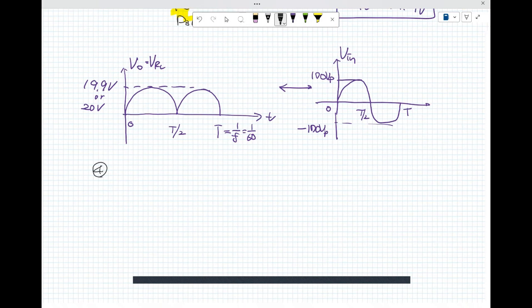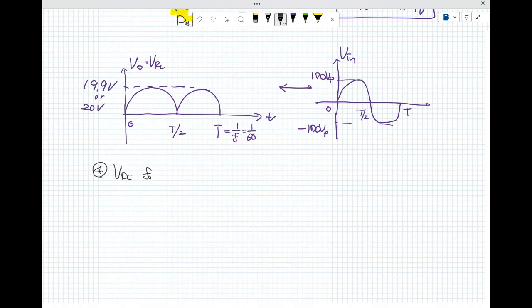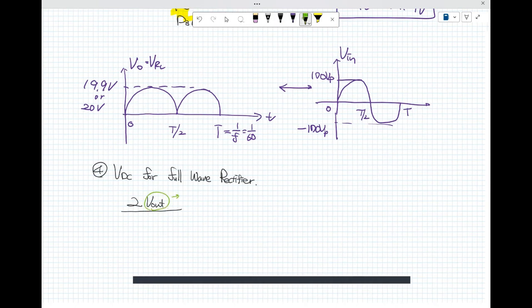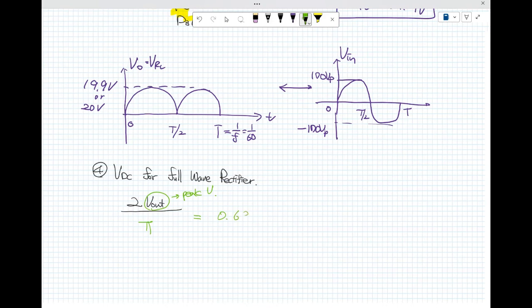So now, what is the DC voltage for the full wave rectifier? So 2 times the output, definitely that was the peak voltage over pi. Okay. So that was about 0.636 V peak.